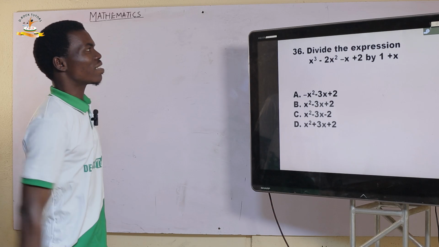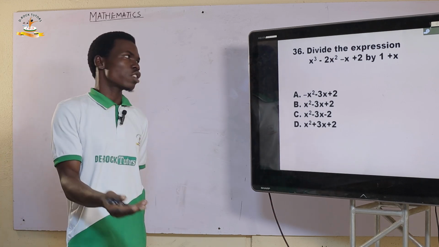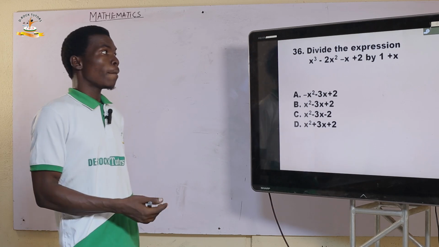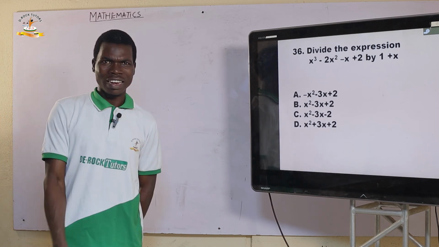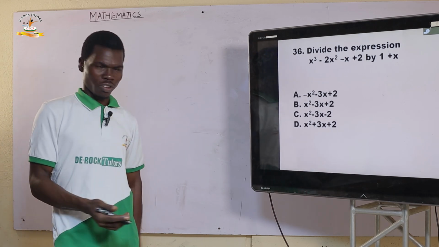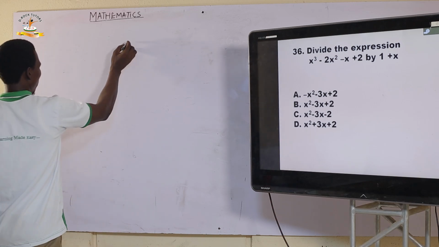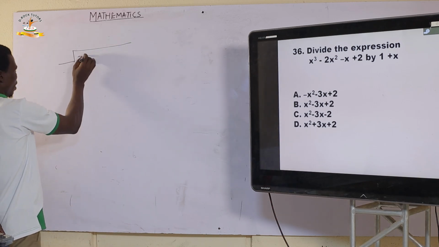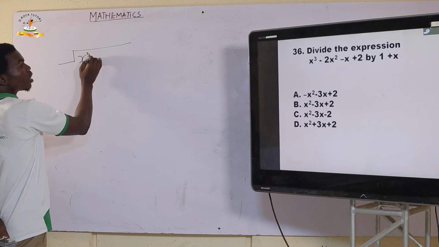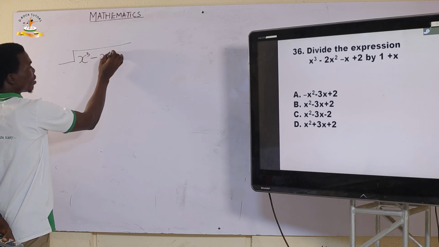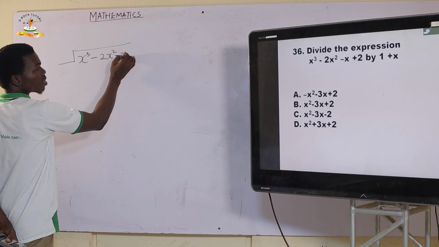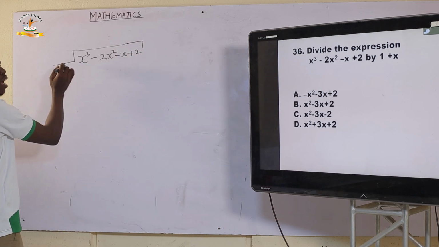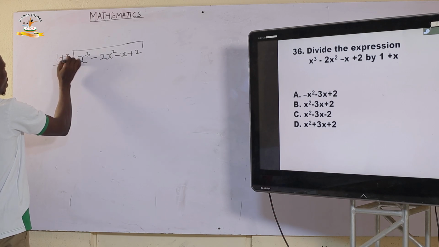Alright, question 36 is here, and it says divide the expression x raised to power 3 minus 2x squared minus x plus 2 by 1 plus x. This is polynomial division, and how do we go about it? We write x raised to power 3 minus 2x squared minus x plus 2 inside, and we write 1 plus x outside.